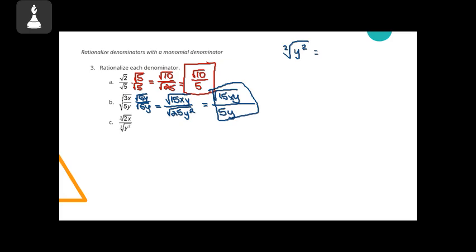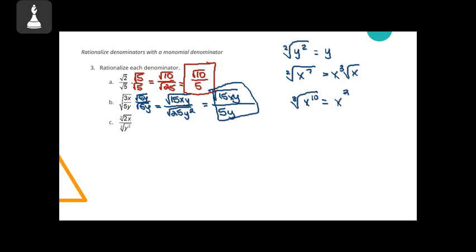If I have a square root and I had x to the 7th, we know 2 goes into 7 3 times with 1 left over. We're going to follow that same process with a different root. So if I want to take, say, the third root of x to the 10th, you're asking how many times does 3 go into 10? Well, 3 goes into 10 3 times with 1 left over.